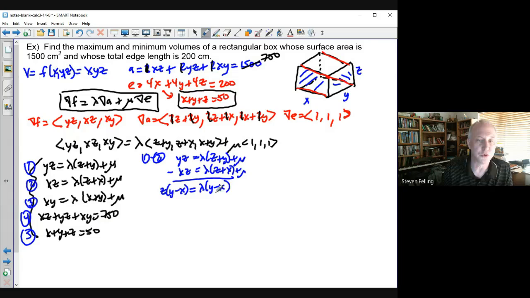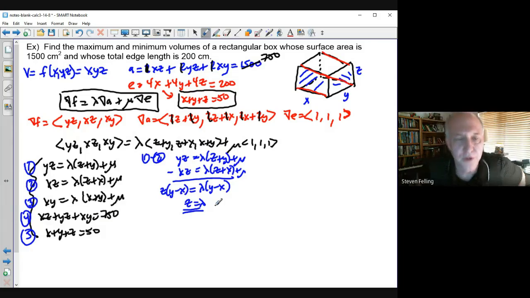Which really is only true if z equals lambda. So that's one thing that has to be true for equations 1 and 2 to work simultaneously.